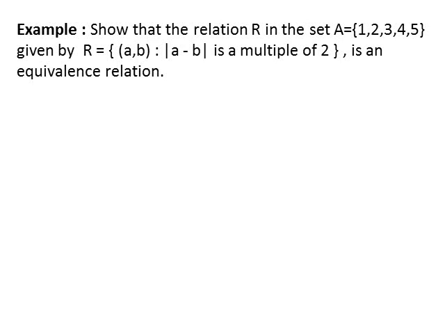Show that the relation R in the set A given by R containing the ordered pair (a, b) in which mod a minus b is a multiple of 2 is an equivalence relation. Again, for equivalence relation, we will check that the given relation is reflexive, symmetric and transitive.